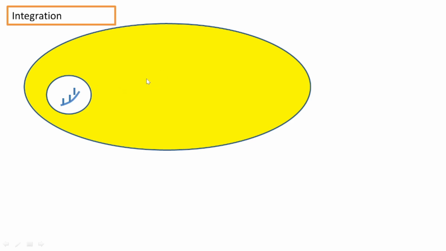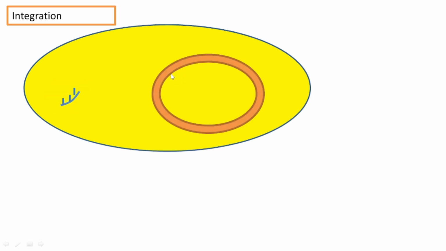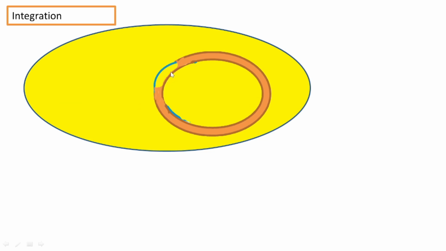Then we know that this bacteria also possesses its own double-stranded circular DNA, or its genetic material. Next, this DNA fragment comes, and first a cleavage happens on one strand of this double-stranded DNA, and that single strand gets incorporated or integrated into this genetic material.